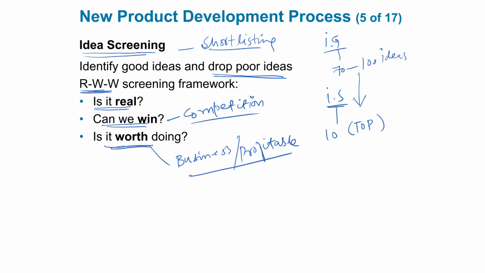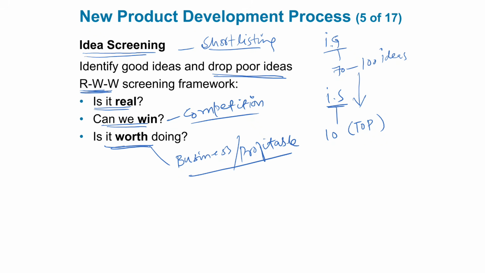For example, you don't want to make money, you want to be considered an innovative company, or you're doing it for societal benefits, for example, educational purposes or awareness purposes. Then in that case, even if the idea is not profitable, but it is still worth doing, then go ahead and do it.